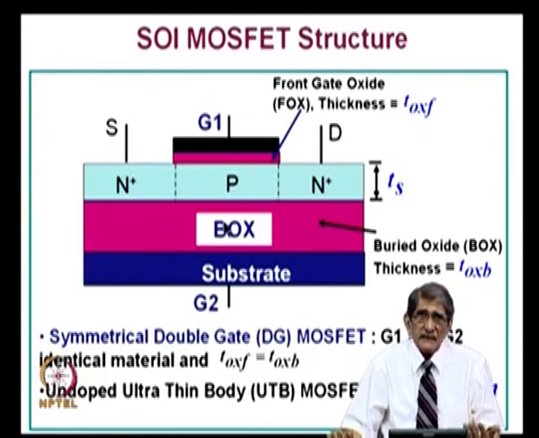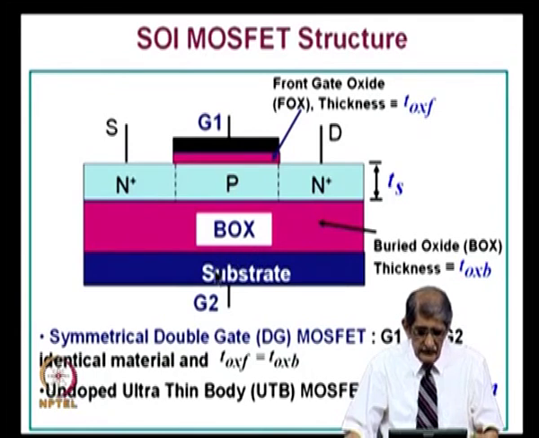We will do the analysis for different oxide thicknesses, but ultimately you want to have a double gate MOSFET where it is symmetrical. We will have the final discussion on that if possible in this lecture or subsequently. Now, symmetrical double gate, DG MOSFETs: G1, G2 are identical materials, and T ox F is equal to T ox B.